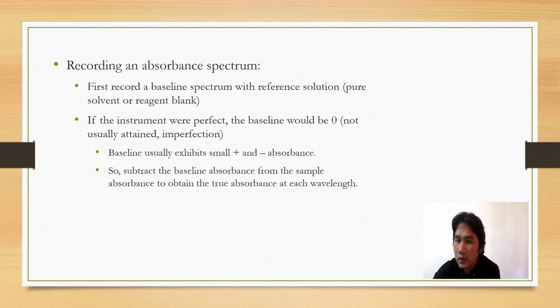Okay, in the operation of spectrophotometry, first we record the baseline absorbance with reference to the solution. So what we do is we get the absorbance of the pure solvent or the reagent blank to get baseline information.